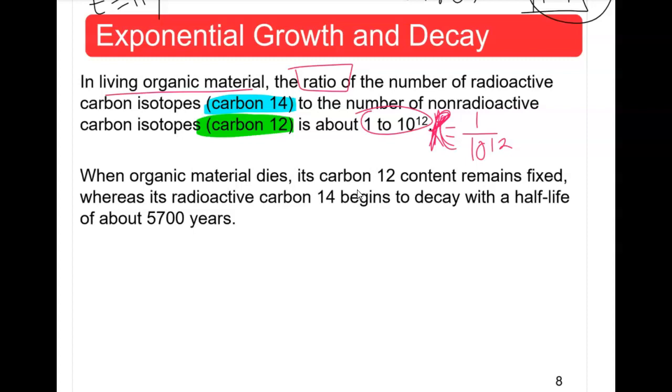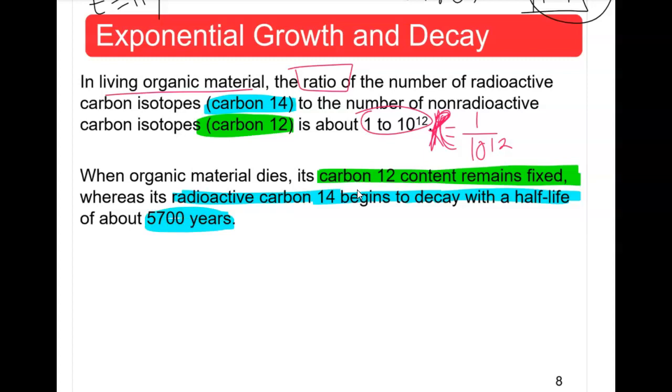ratio. And so when the organic material dies, carbon-12 content remains fixed. It doesn't change. But the radioactive carbon-14 begins to decay with a half-life of a little less than 5,700 years.